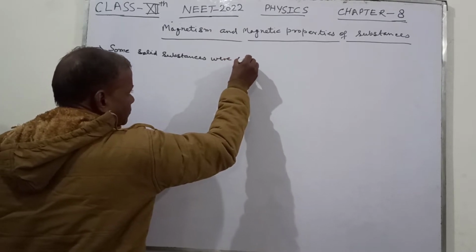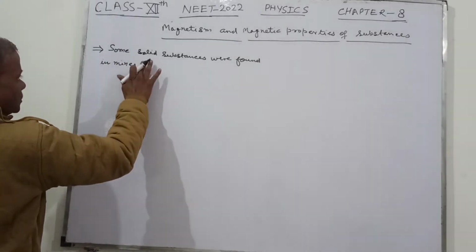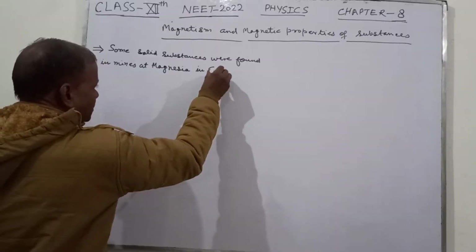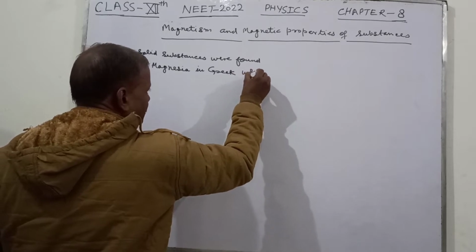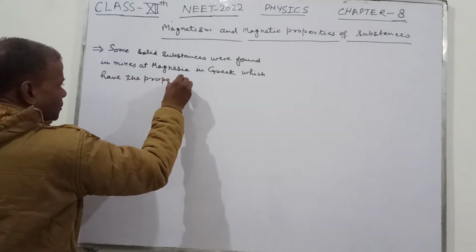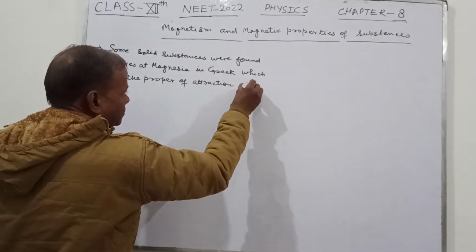Some solid substances were found in mines at Magnesia in Greek, which have the property of attraction and direction.